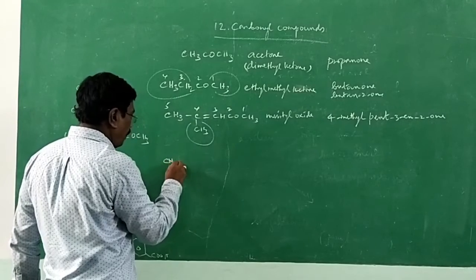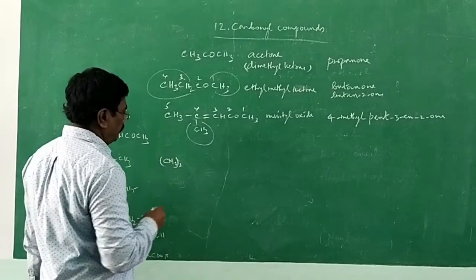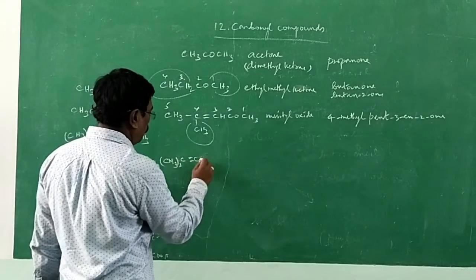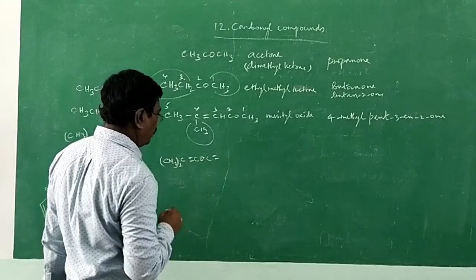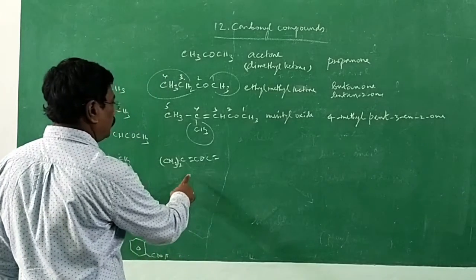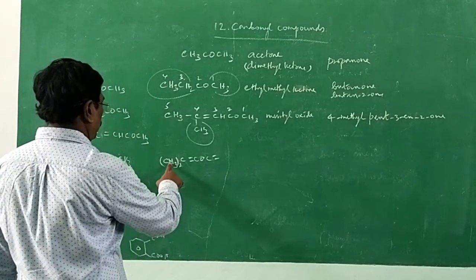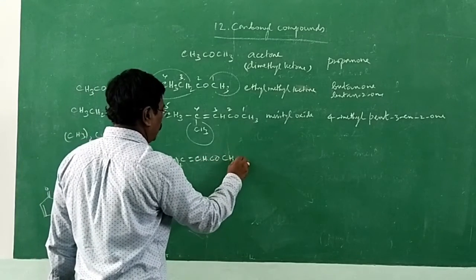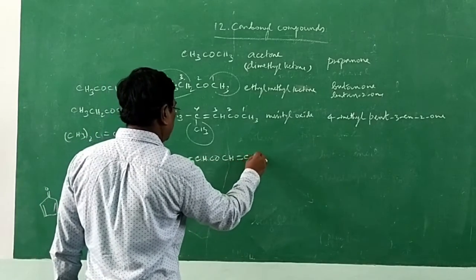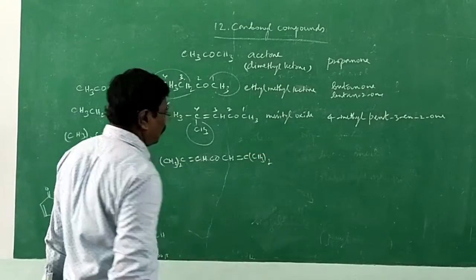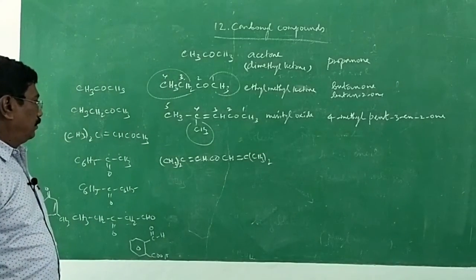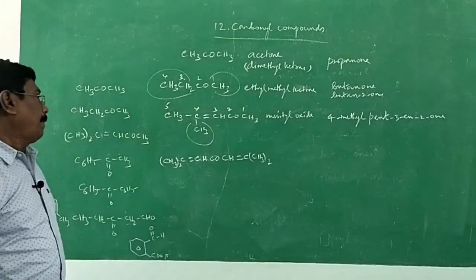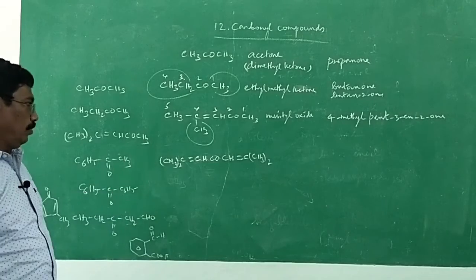CH3 twice, C double bond CH, C double bond CO, C double bond CH, CH3 C double bond CH, CO, CH double bond C, CH3 twice, CH3 C. This is called 4-one.